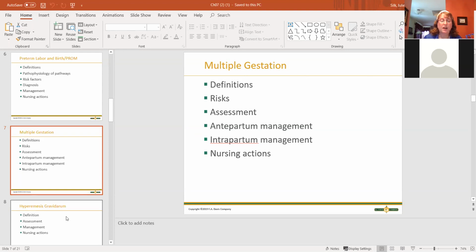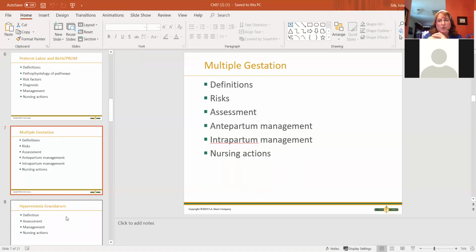Dizygotic means that there was actually fertilization of two eggs right at the beginning there. With this type of twins, they may be the same or of differing genders. So you could see a male and a female maybe.